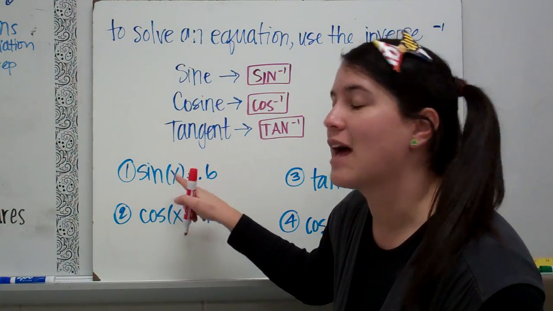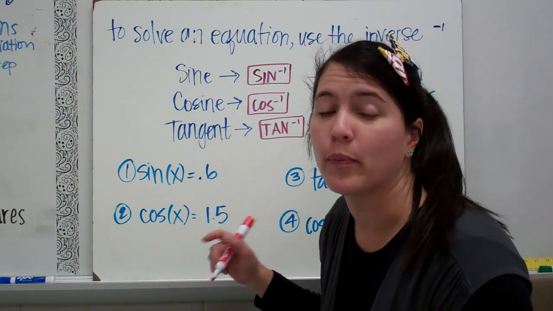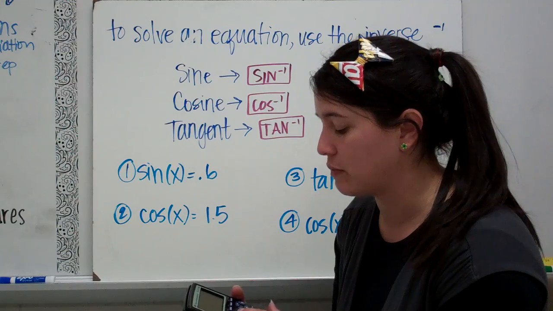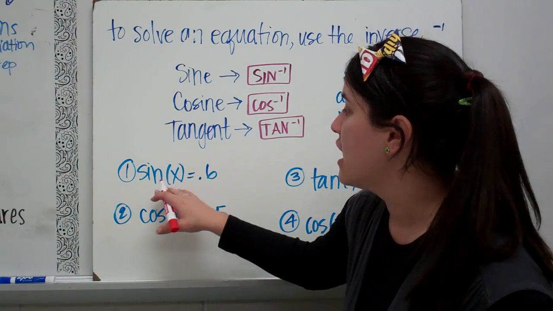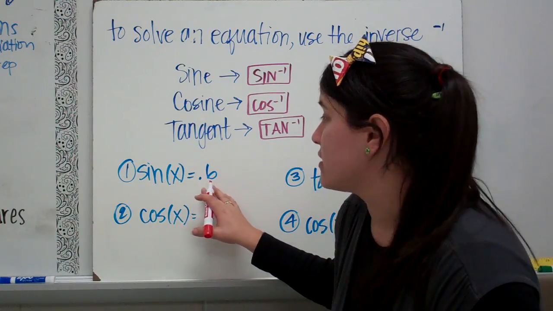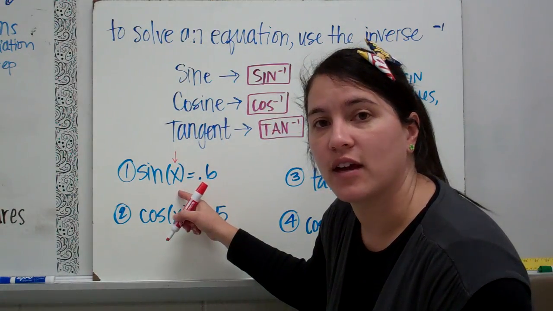If you have an equation, sine of x is equal to 0.6, I'm letting you know that all of these are in degrees. So go to mode and make sure it's on degrees. It is. Sine of x is equal to 0.6. We want to know what angle measurement that would be.